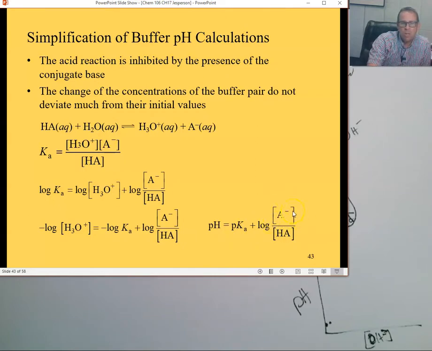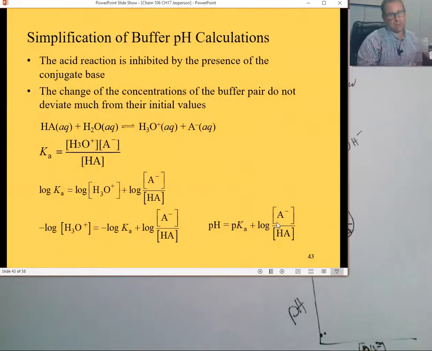A minus is the concentration of the conjugate base, HA is the concentration of the acid, and taking the log of that quotient and adding it to the pKa will give me the pH of the solution.